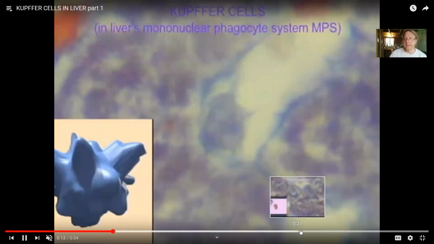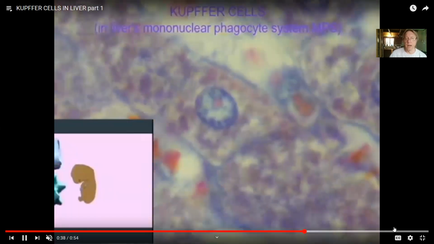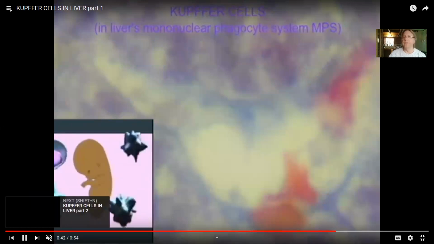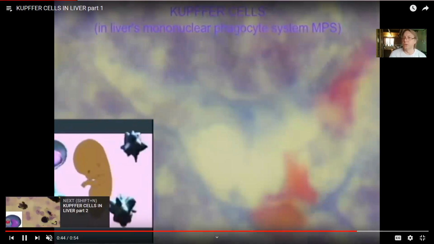But then these can also phagocytize foreign material. And in the next video, the Kupffer cells ingested black particles to stand out.